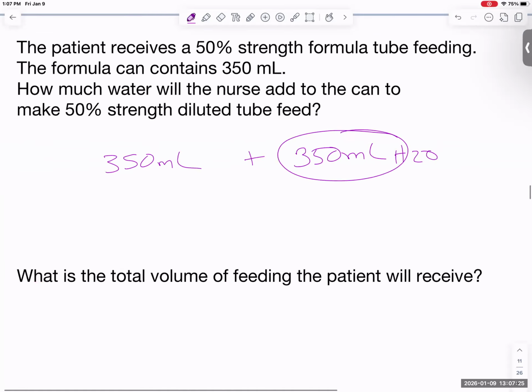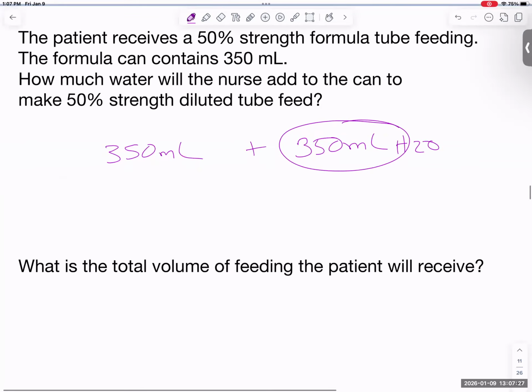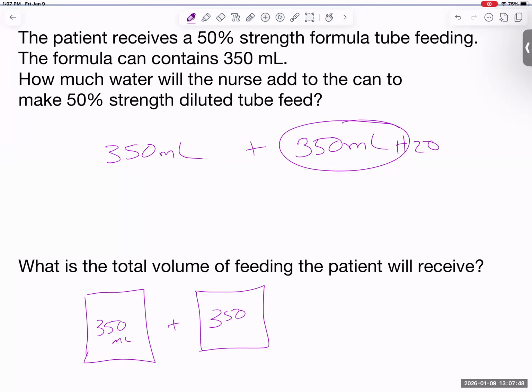What if I asked you what's the total amount the patient received? 700 ml. Yes. So remember, you walked in and you grabbed a can that had 350 milliliters of feeding. You had to add 350 milliliters of water. And the question said, what was the total volume?